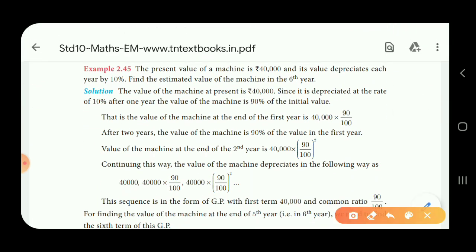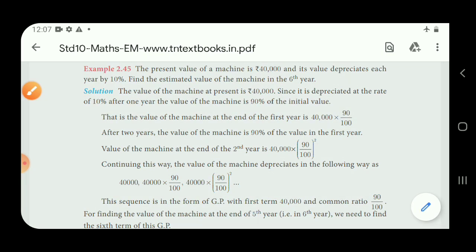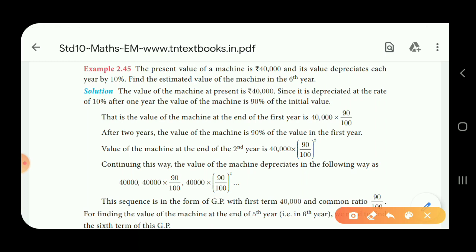Next, see example 2.45. The present value of a machine is rupees 40,000 and its value depreciates each year by 10%. Find the estimated value of the machine in the sixth year. Solution: the value of the machine at present is 40,000.